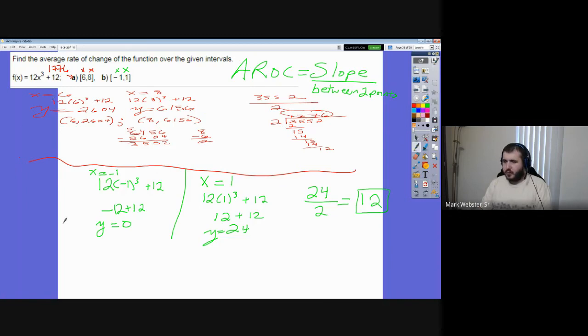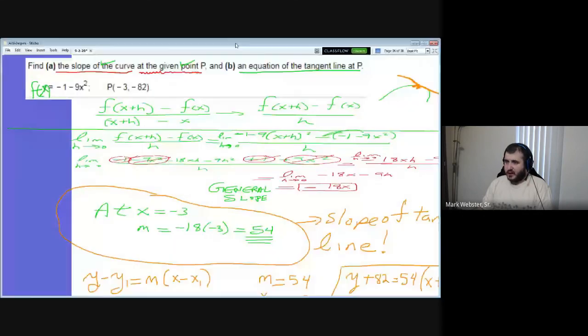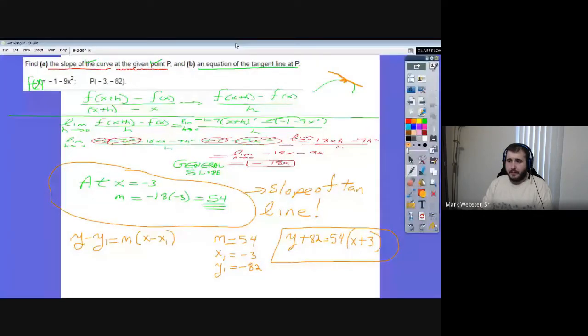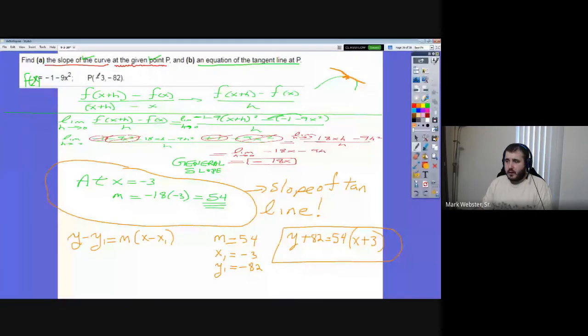But you know, that's what you should be expecting here. With the instantaneous rate of change, they'll only give you the 1 point, and for almost all of these, they should just be asking you something like, find the slope of the curve at the given point, and then make the equation of the tangent line at the point that they give you.